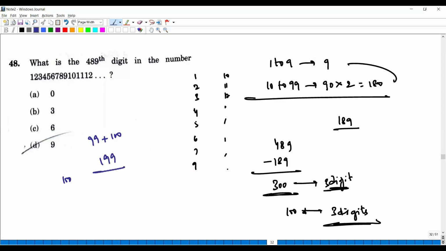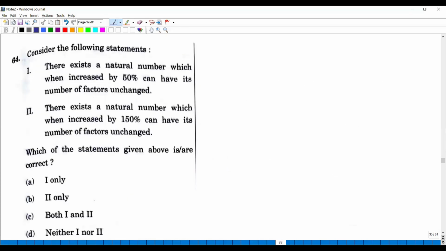That is 199. So this line ends with 199, and this is going to be your 489th digit. So the 489th digit is going to be 9, from 199.